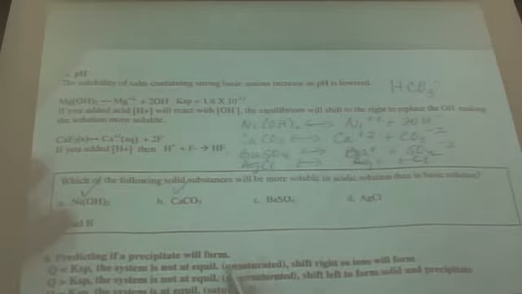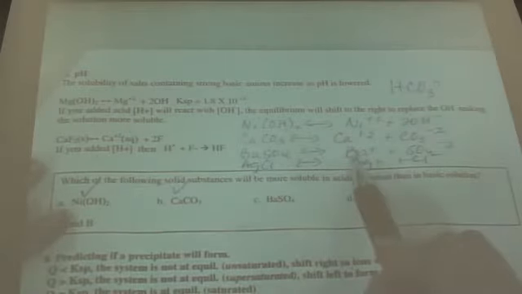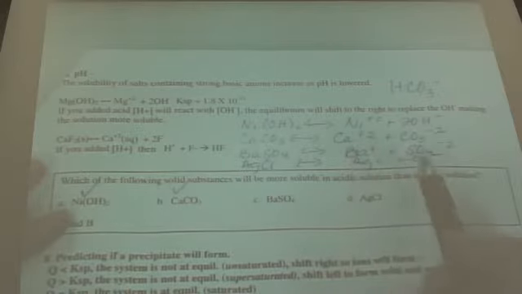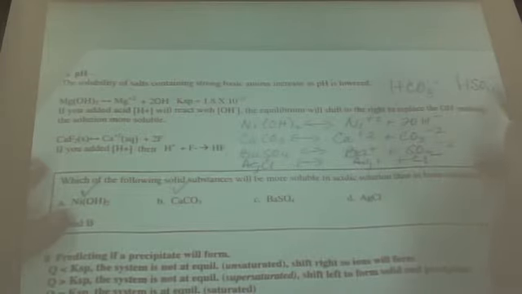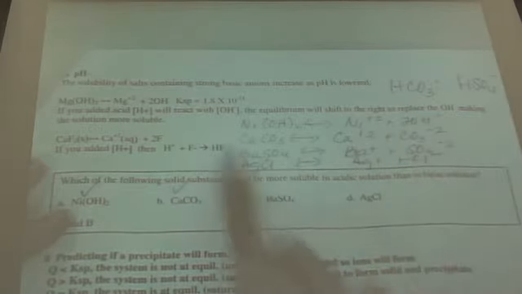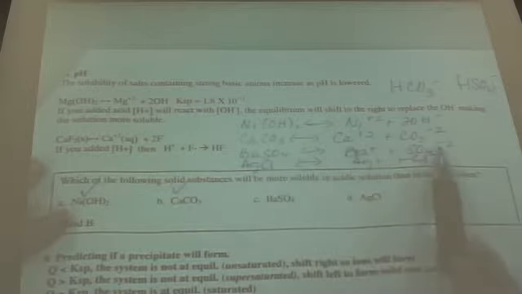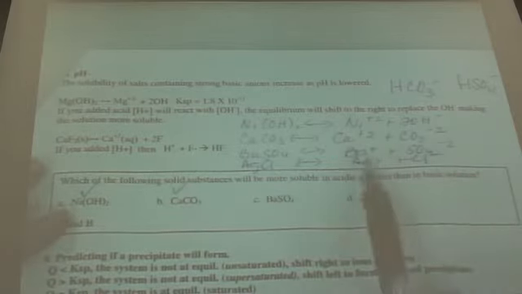Barium hydroxide is of very limited solubility, and the HSO4 that you would form is limited. So I'm going to say this is a push. I don't think it is more soluble in acidic than in basic.